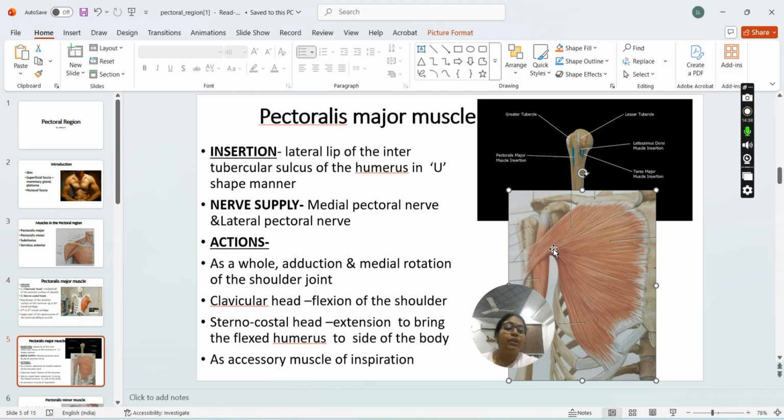When the sternocostal head contracts, it takes the flexed arm back to the side of the body, not further backward, no further extension. From the flexed position, it takes it back to the normal level by the side of the body. No further backward extension is possible. Done?